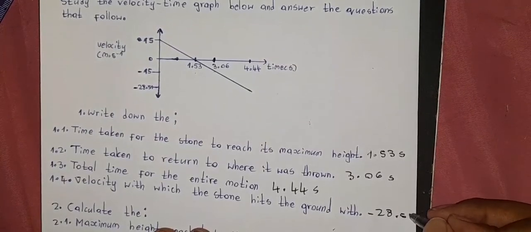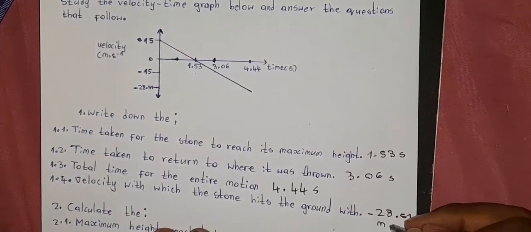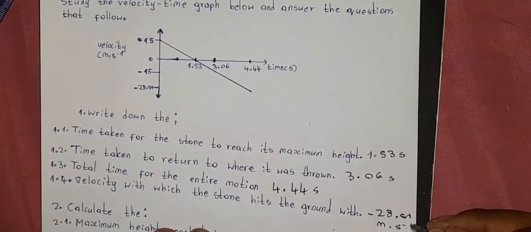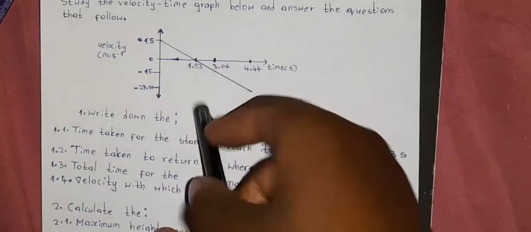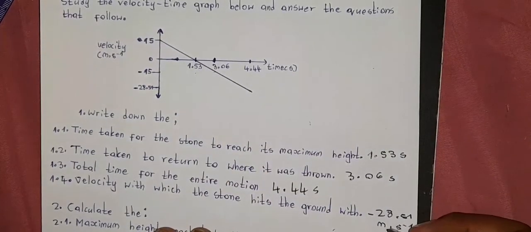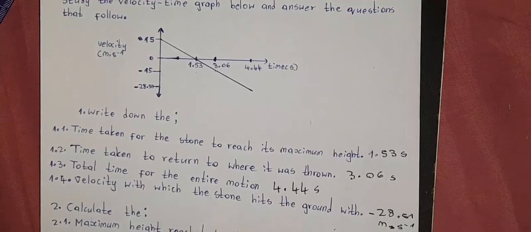And this graph is not drawn to scale. Don't mind when the numbers do not match. It is not drawn to scale. And meters per second. So it's negative 28.51 meters per second.